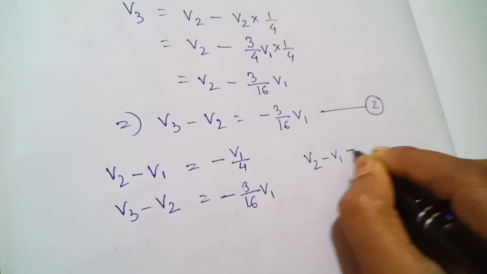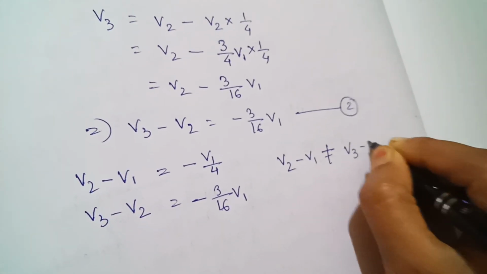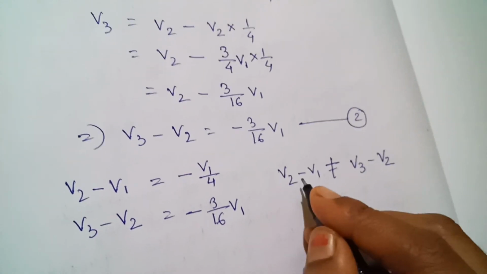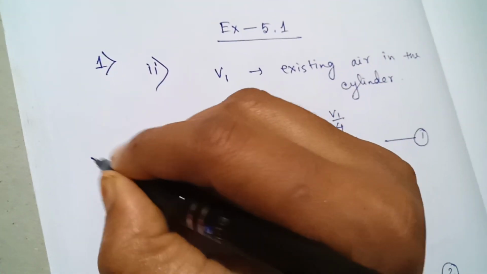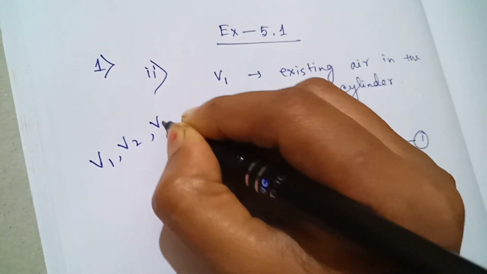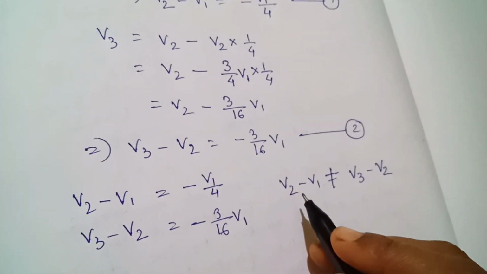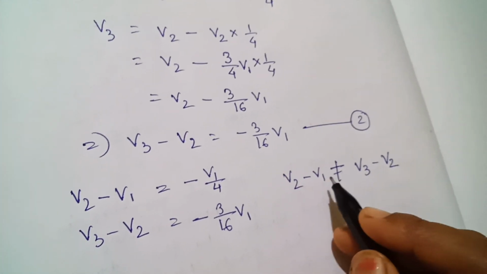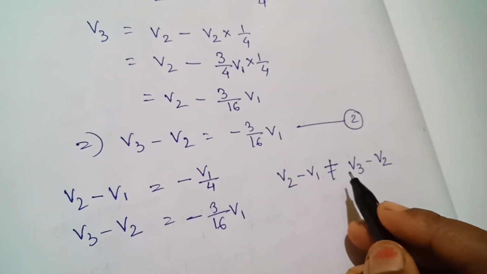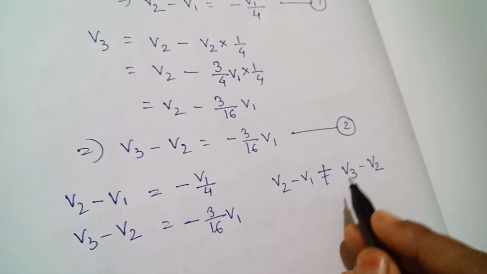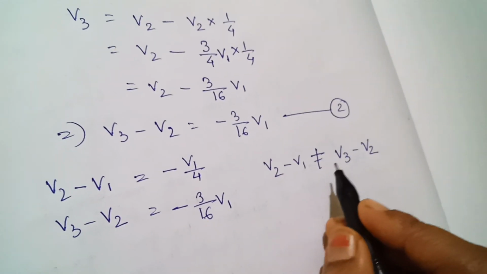So V2 minus V1 is not equal to V3 minus V2. What does it mean? It means that this whole sequence, V1, V2, V3 and so on, does not have a common difference.